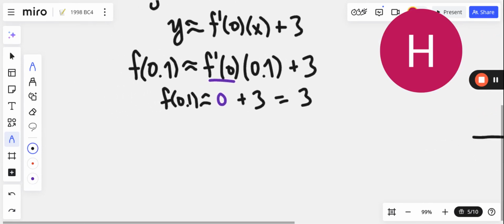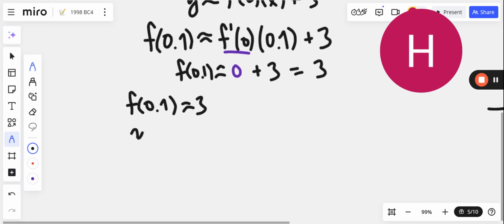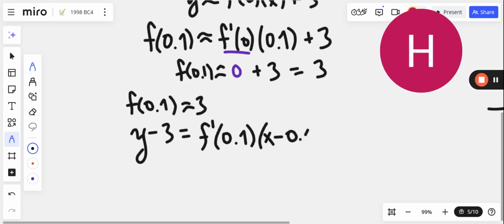step. So the slope of the tangent line here at the point 0.1 comma 3, we say it's approximately 3. That tangent line is going to look a little different. It's going to be y minus 3 equals f prime of 0.1 now times x minus 0.1.